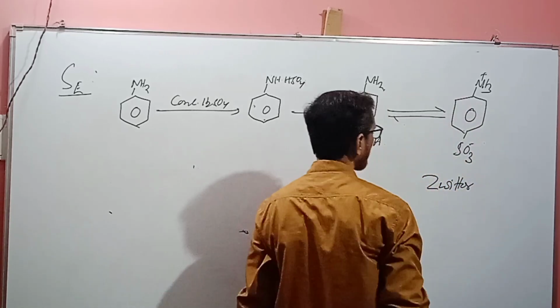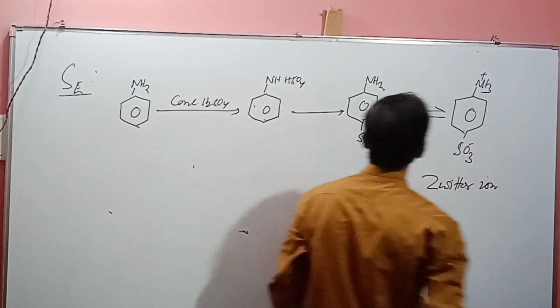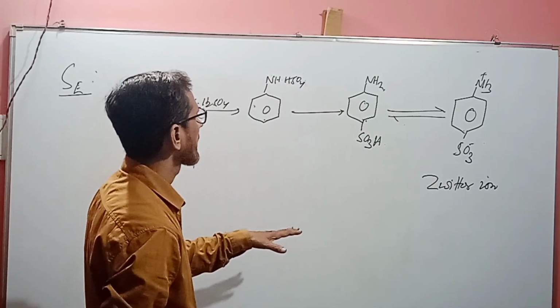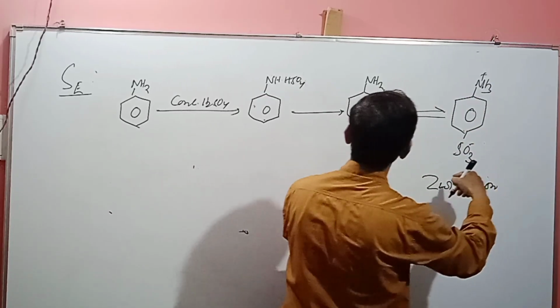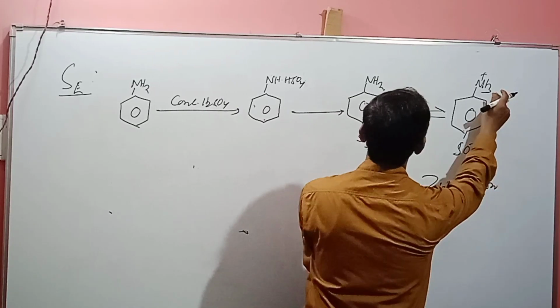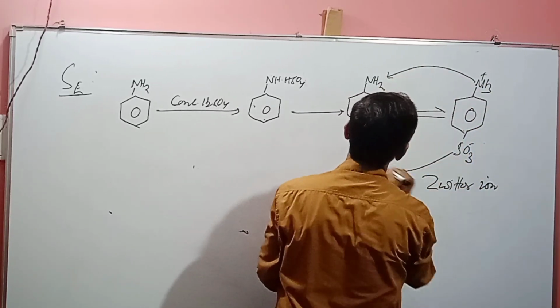Very often asked in entrance exams, zwitterion. What is a zwitterion? It is the same molecule with plus and minus. Once it is deprotonated, it is protonated. Again it is deprotonated, it is protonated.